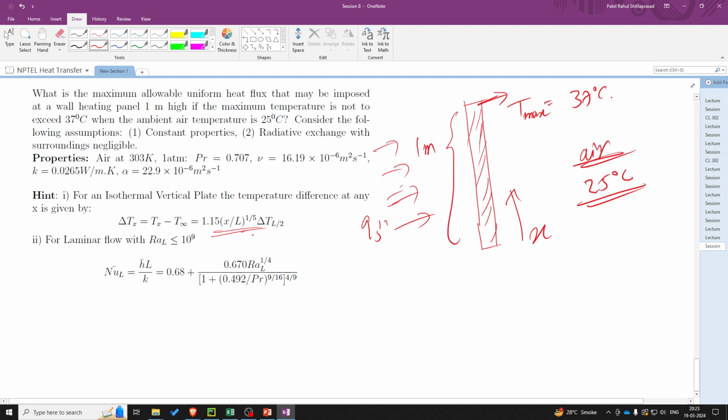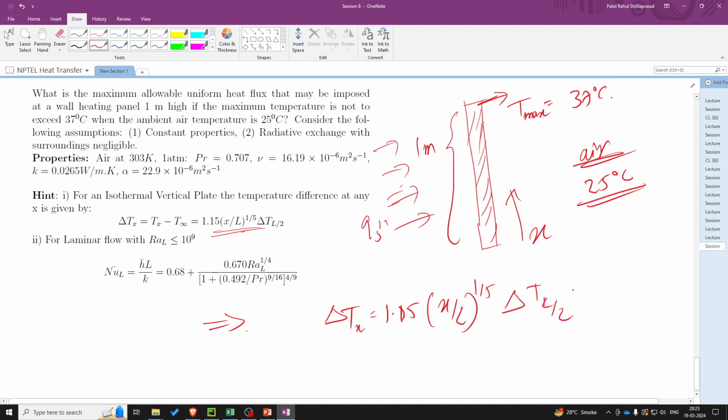In order to find that, you can just write delta T x, we have been given as T x minus T infinity is 1.15 (x by L) to the power 1 by 5 delta T at L by 2.